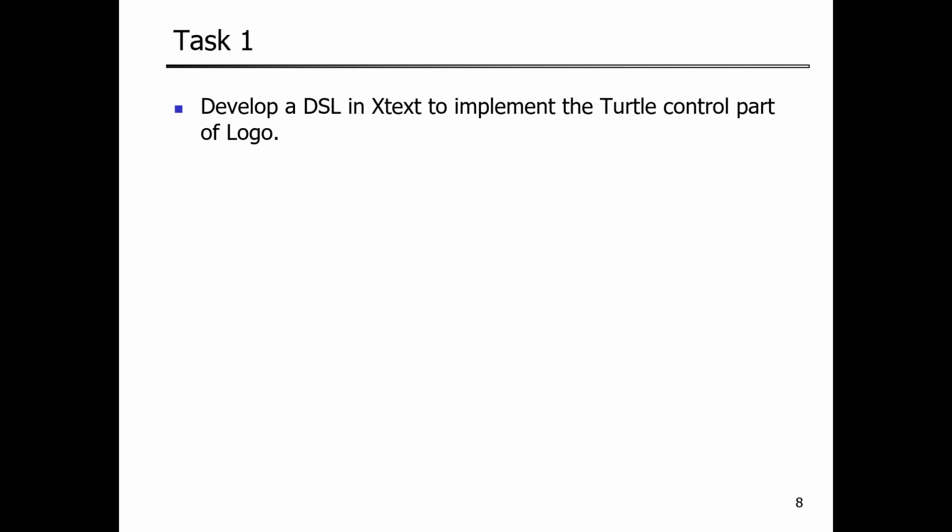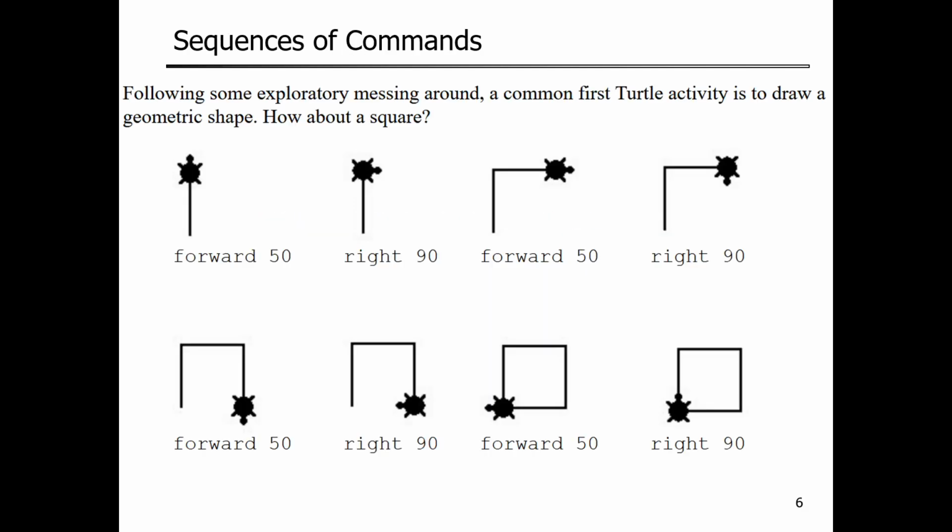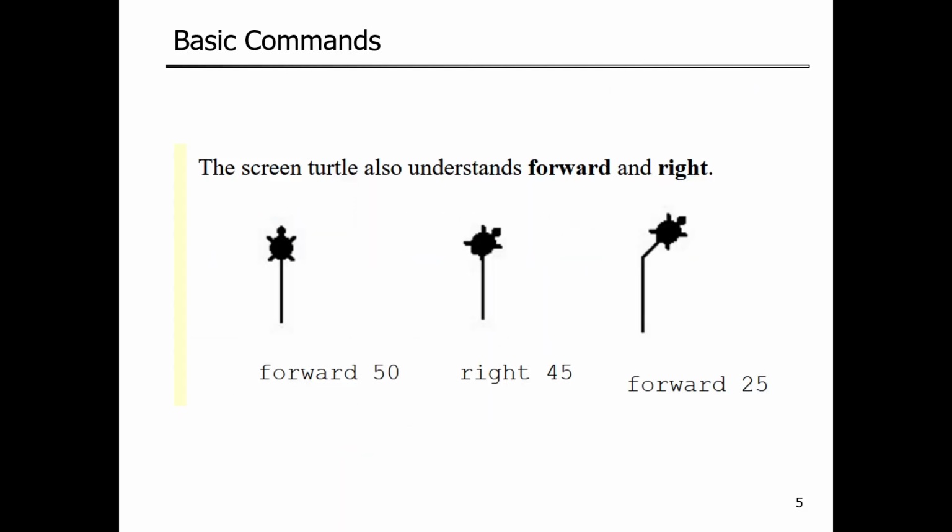So for example, Spectra is an Xtext language, and also the OCL and eCore, I think that's also created using Xtext. So these are some example textual languages. And I'm just going to go back to the slide with the initial command. So we're now trying to set up a language where we can express these, like the forward and the right for now, and then we're going to see how to extend it further.